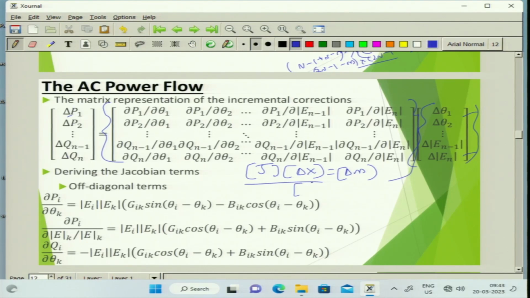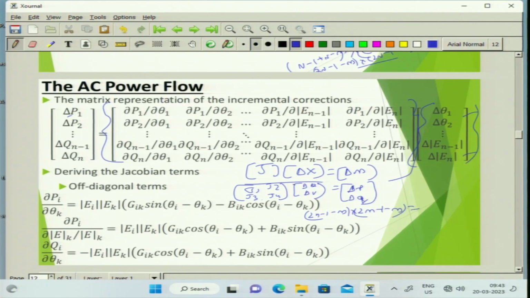Here what you will get, this is nothing but J1, J2, J3, J4 into delta x, x is nothing but delta theta and delta V. Here what you get, delta p and delta q. So what is the size of this matrix? J1, J2, J3, J4, it's 2n minus 1 minus m into 2n minus 1 minus m.